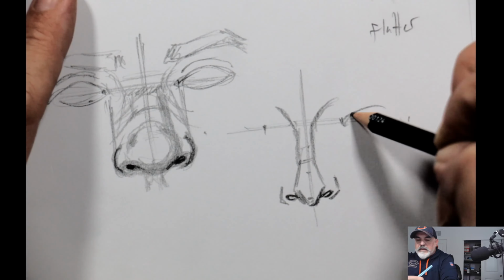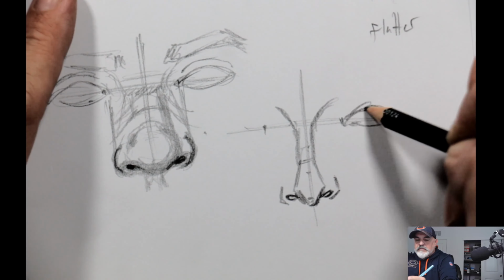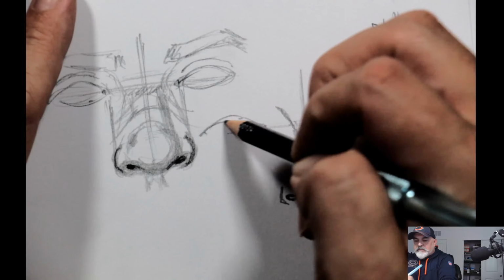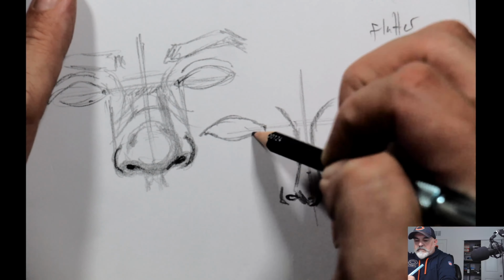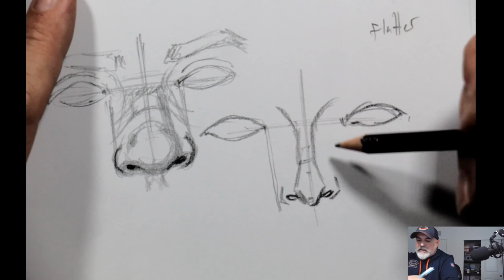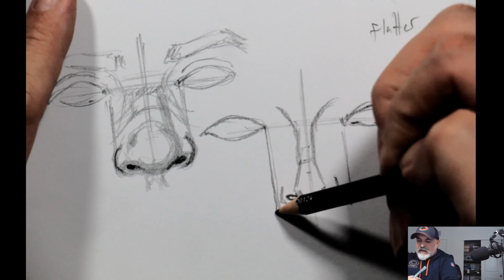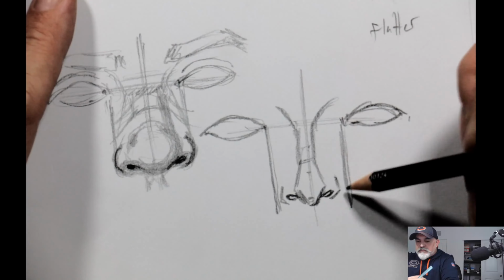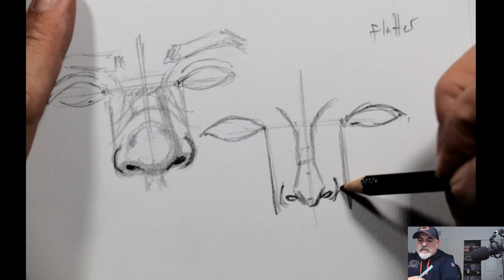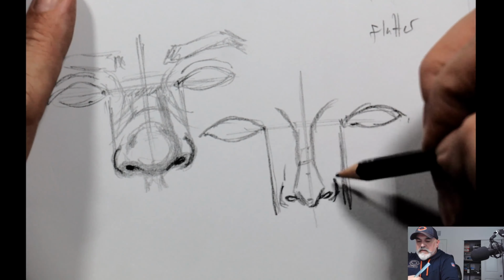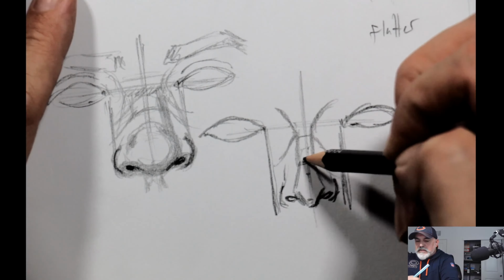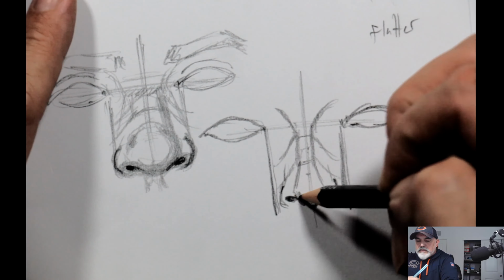And if I come in and add my eye shapes, and I drop this line straight down, and I drop this line straight down, you're going to see that it's barely inside, right? It's barely inside, and you're getting this very steep drop off on the nose.